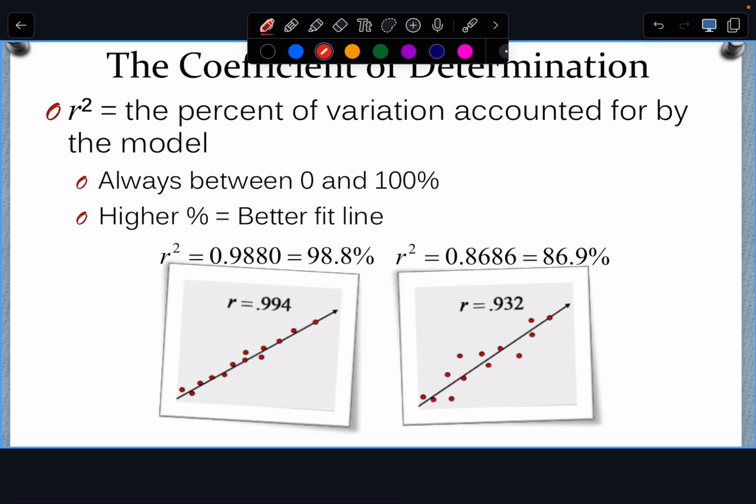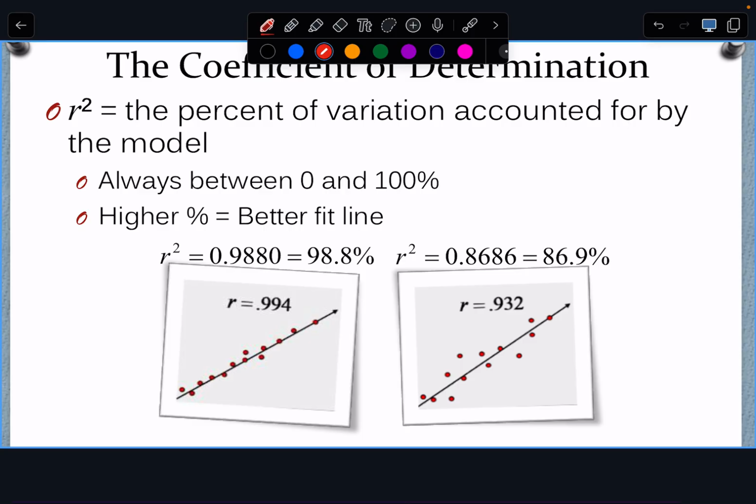Now, just like with correlation, correlation squared should only be used in linear associations. Just like our regression line should only be used in linear associations, so we do need to verify that that's the case. But this is something where they'll pretty much usually give it to you and you're just interpreting. What does that percentage mean?